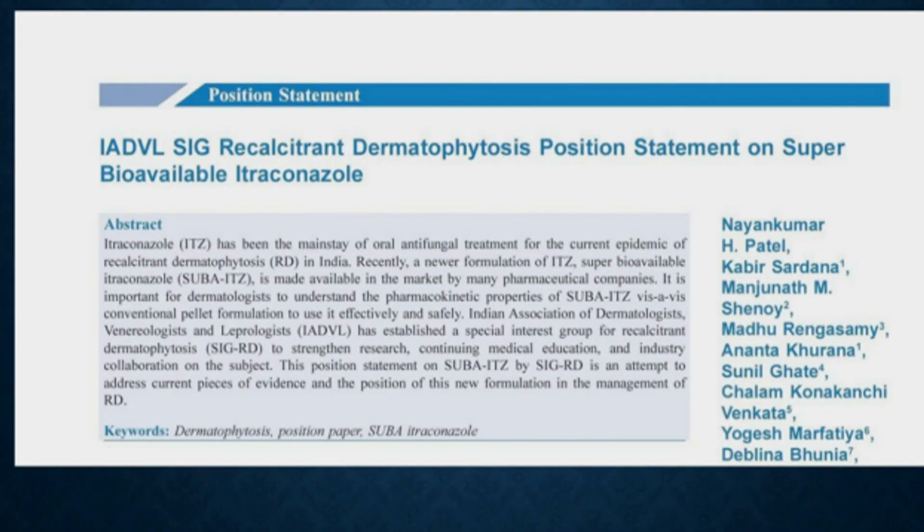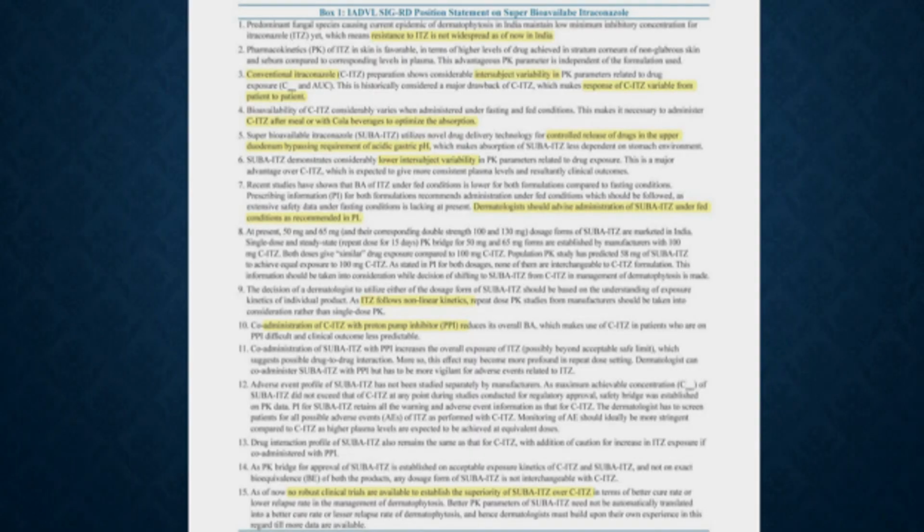This is another journal which was recently published by the Indian Academy of Dermatology and Venerology regarding the use of super bioavailable itraconazole in case of recalcitrant dermatophytosis. And they have given us a 15-point guideline regarding the use of super bioavailable itraconazole.